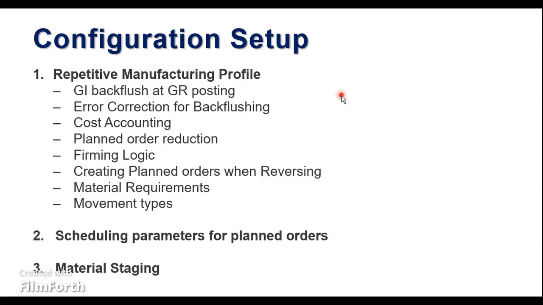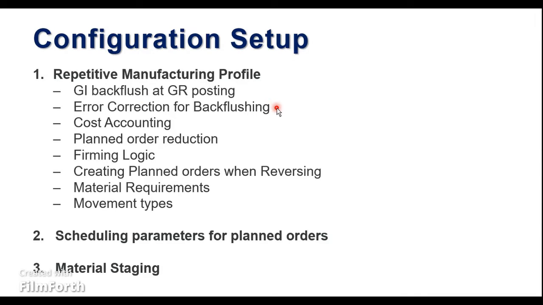In this slide, we'll discuss the configuration setup needed to activate the repetitive manufacturing process. The first one would be the creation and definition of the repetitive manufacturing profile. In the repetitive manufacturing profile, we define the goods issue with the backflush and also the goods receipt posting at the time of confirming the planned order or the activity in it.